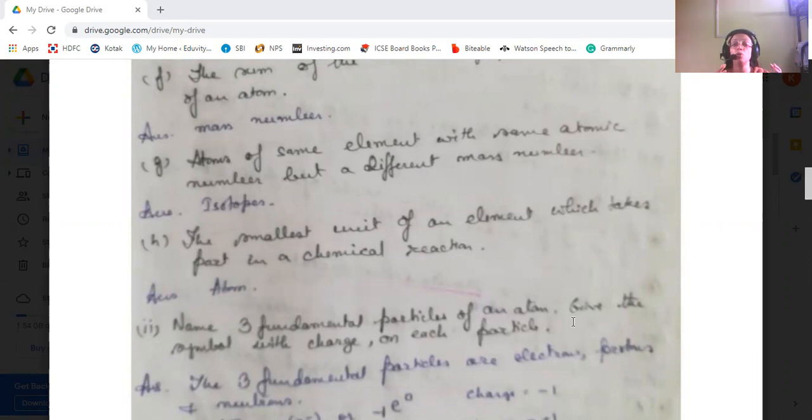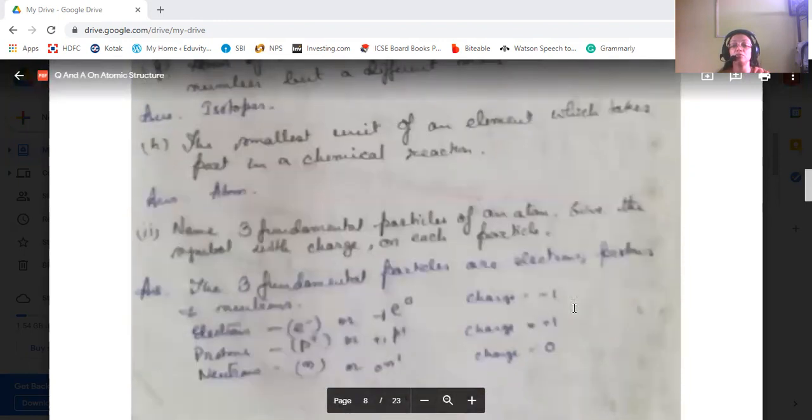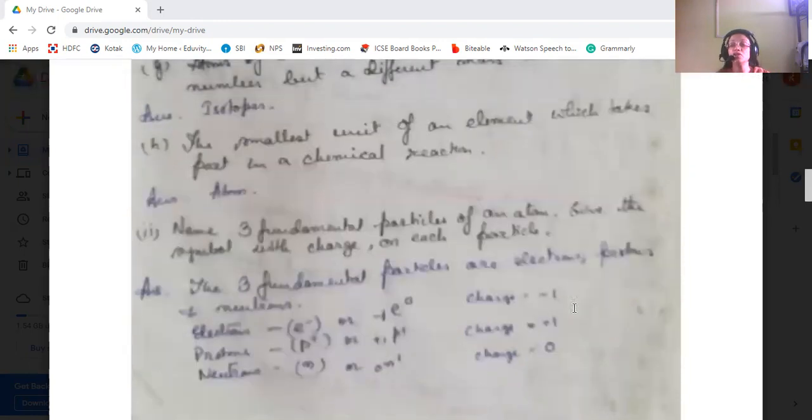Name three fundamental particles of an atom. Give the symbol with charge on each particle. The three fundamental particles present in an atom are electrons, protons, and neutrons.